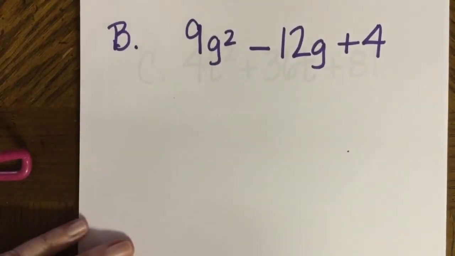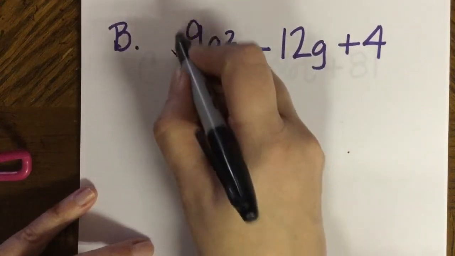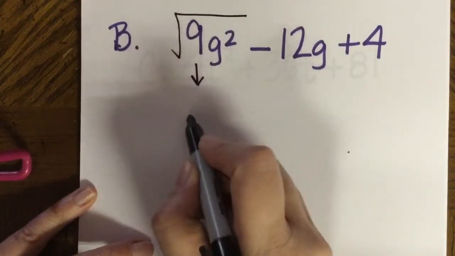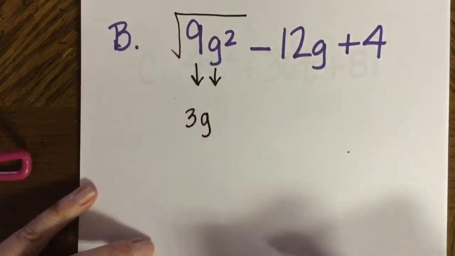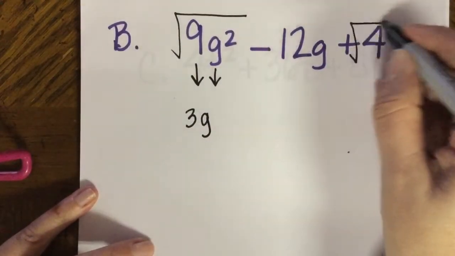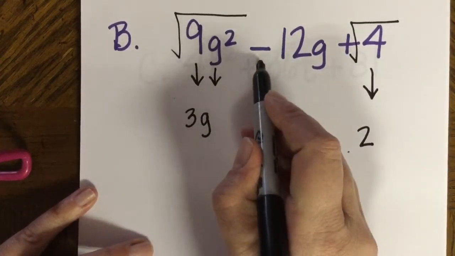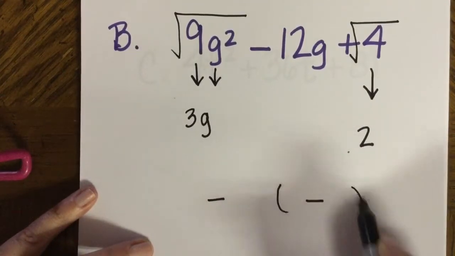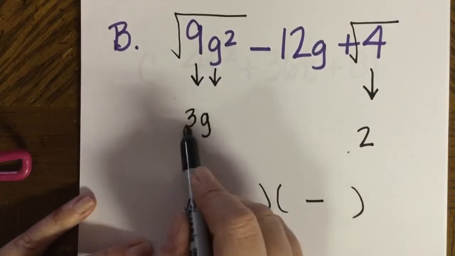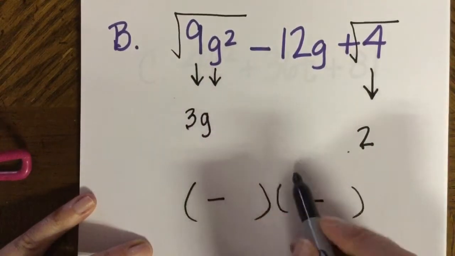9g squared minus 12g plus 4, very similar to the one that we just looked at. We can take the square root of 9, which is 3, the square root of g squared, which is g. Let's look at the square root of 4. That's 2. Notice that this is a subtraction sign, so these are going to be joined by a subtraction sign if I do this properly. 3 times 2 is 6, times 2 more is 12.